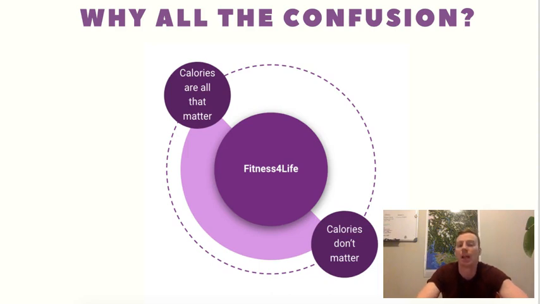And then you've got other people on the other side of things that say calories don't matter at all, and some schools of thought for this way of eating might be something like paleo or a more holistic approach, where people would say, forget about calories, just eat whole, natural, clean, unprocessed foods, cut out sugar, cut out junk or whatever.